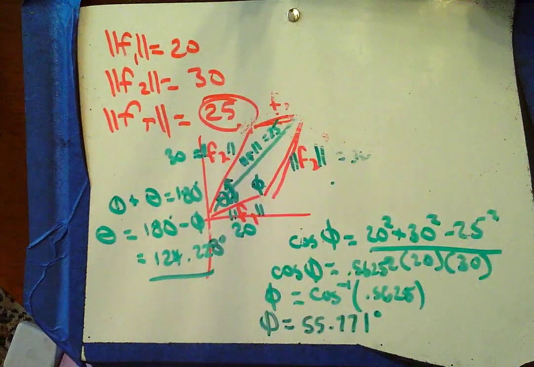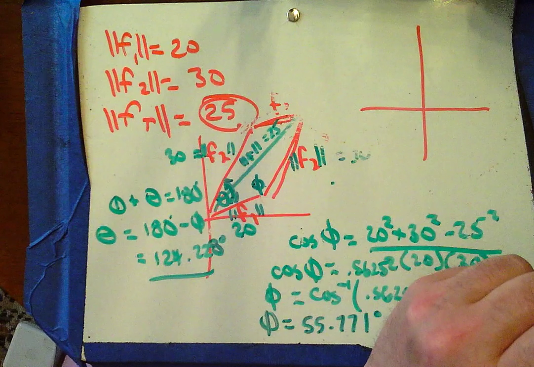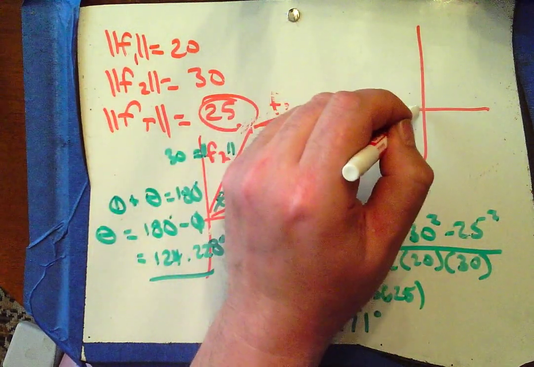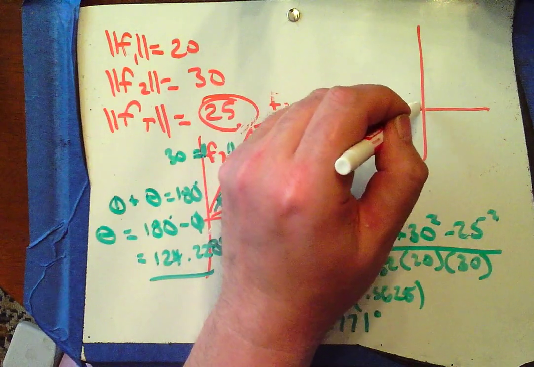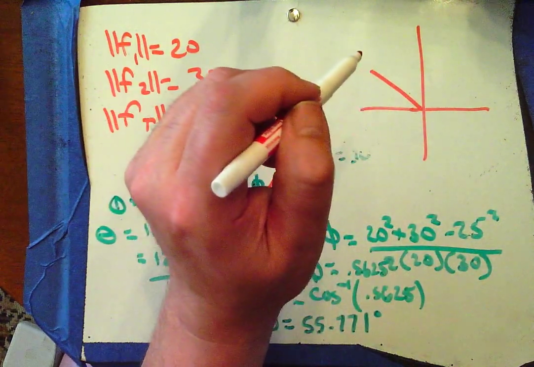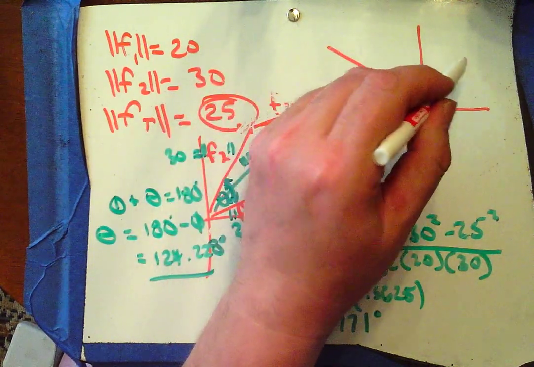Now, let's think about drawing that picture. Okay, so we've got one force that goes 20, and another force, no, I want that one to go 30, and a force to go 20.